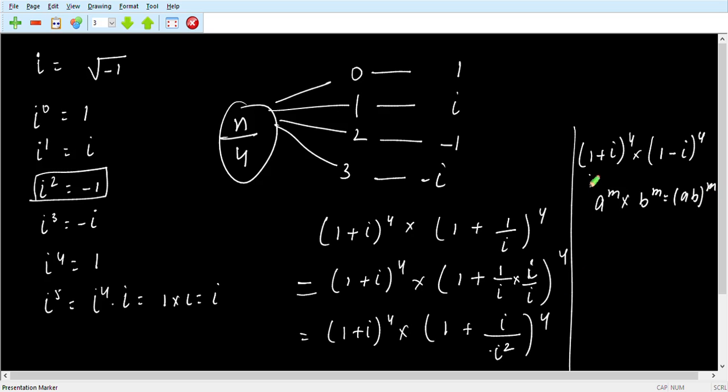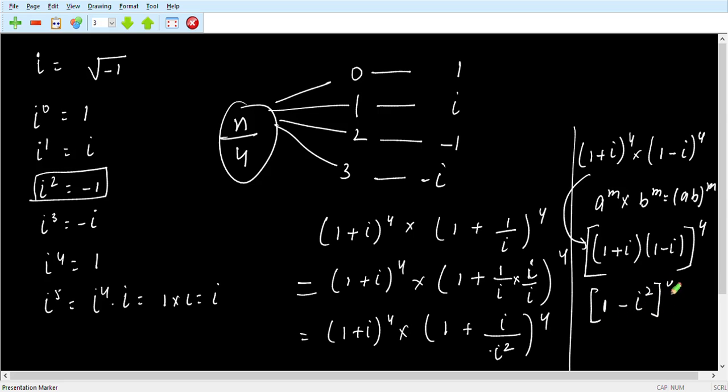So we use that concept, and this will become ((1 plus iota)(1 minus iota)) to the whole power 4, and this is of the form (a plus b)(a minus b). So this will become (1 minus iota to the power 2) to the power 4.